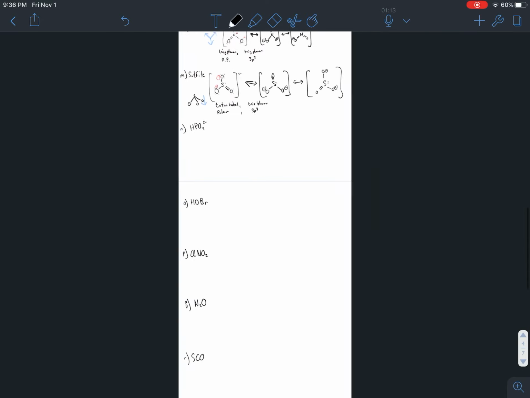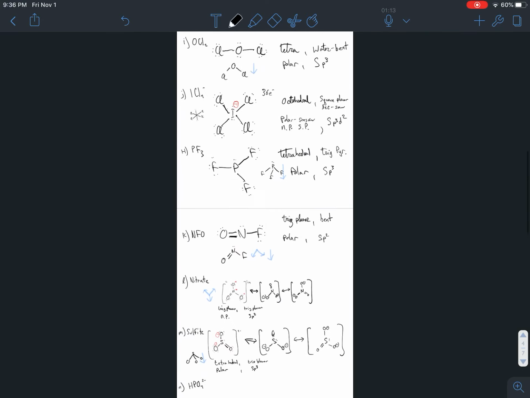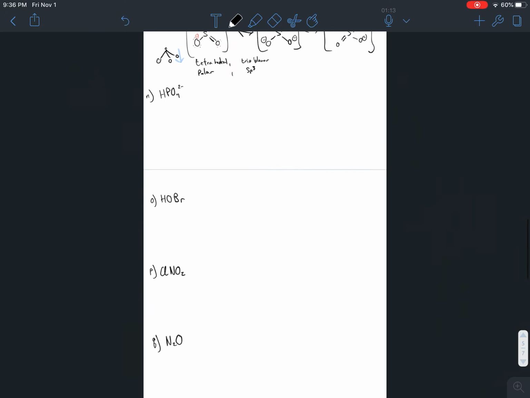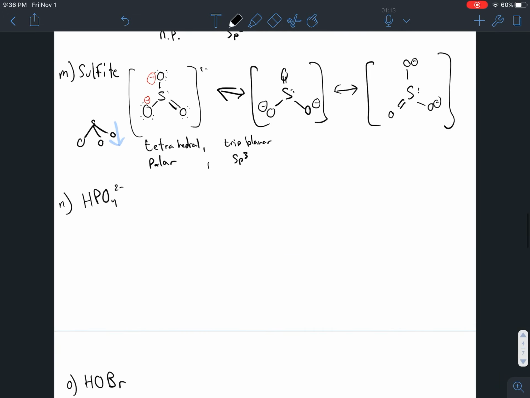Okay, HPO4, 2 minus. That is tricky. But if you recognize that PO4, 3 minus, is phosphate, which you know because you memorized it, it'll be easier to figure out where that hydrogen goes. So let's just draw phosphate really quick. Oh, 4 oxygens, that's crazy.